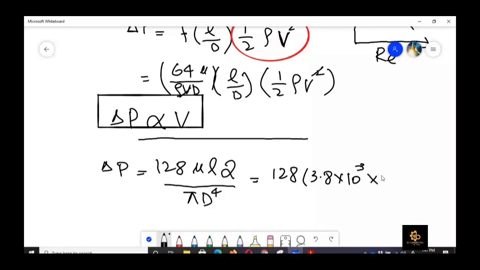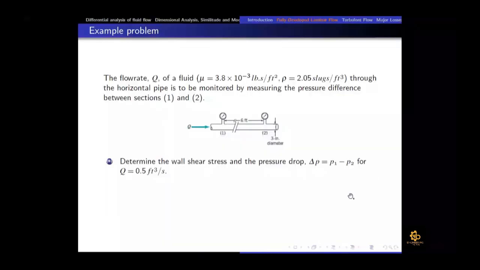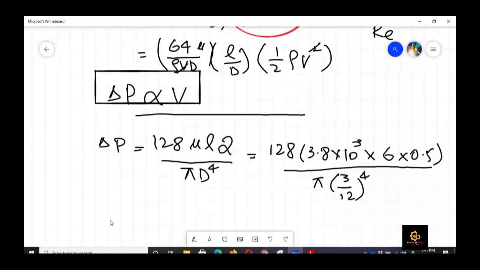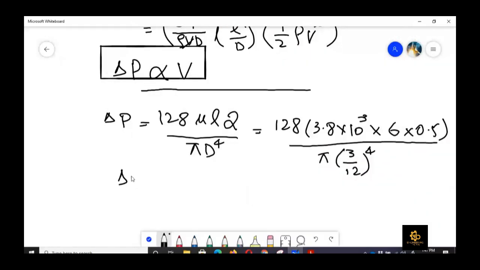So we write it 6 feet, and then Q value is 0.5 feet cube per second divided by pi into diameter, which is 3 inches, so it should be 3 by 12 to make it in feet. And then if we calculate delta P from here, delta P comes out to be 119, I think.